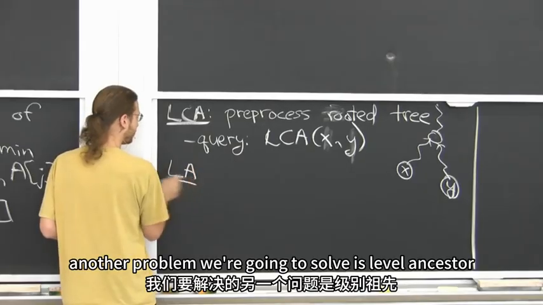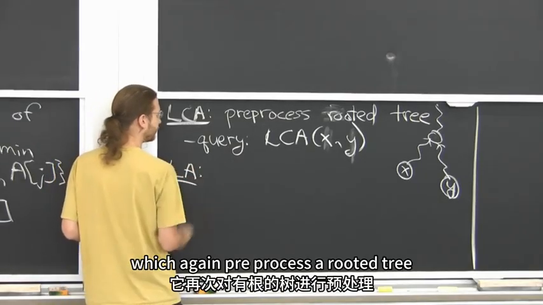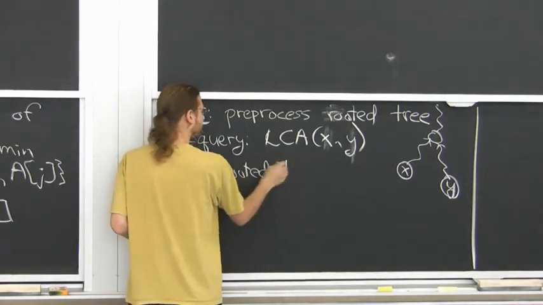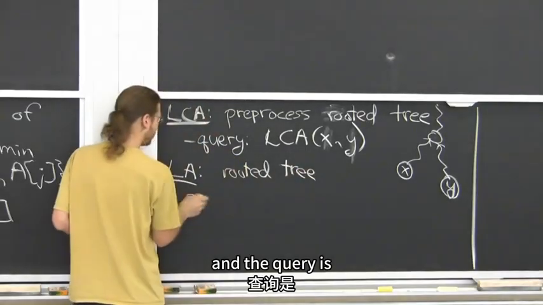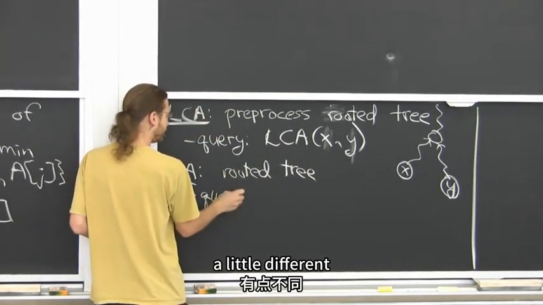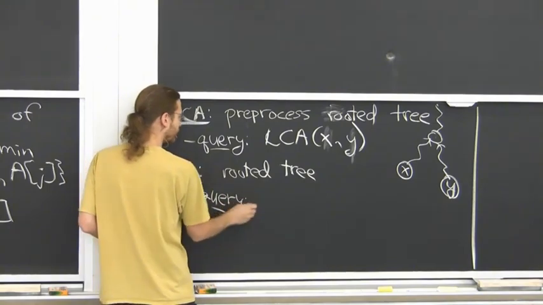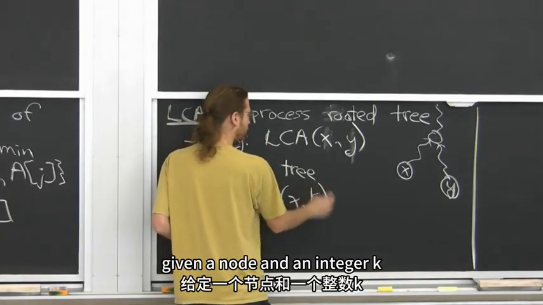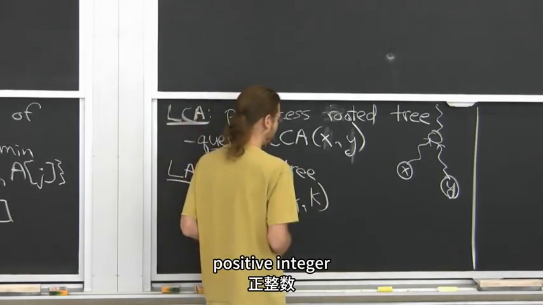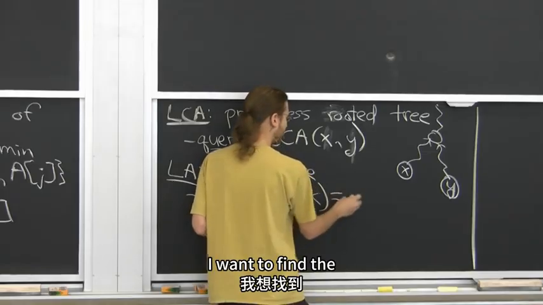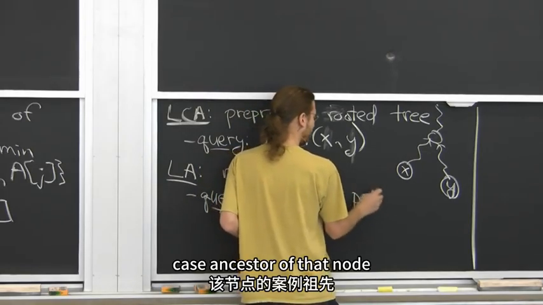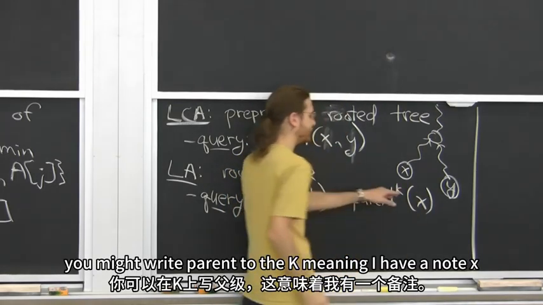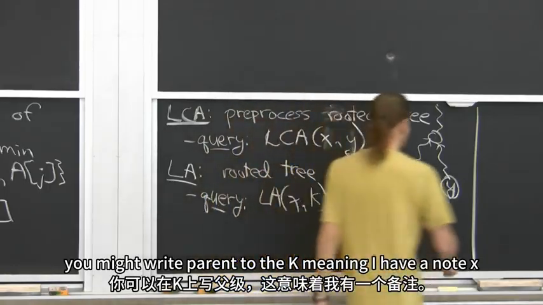And then another problem we're going to solve is level ancestor, which again, pre-process a rooted tree. And the query is a little different. Given a node and an integer k, positive integer, I want to find the kth ancestor of that node, which you might write parent to the k, meaning I have a node x.